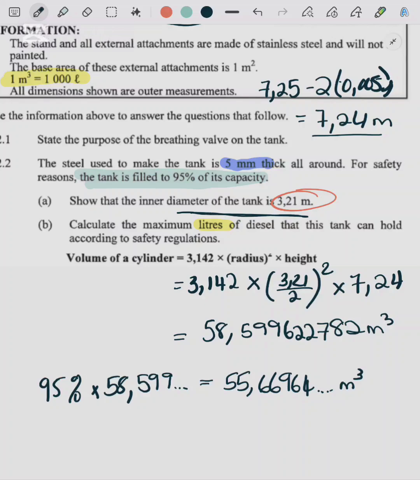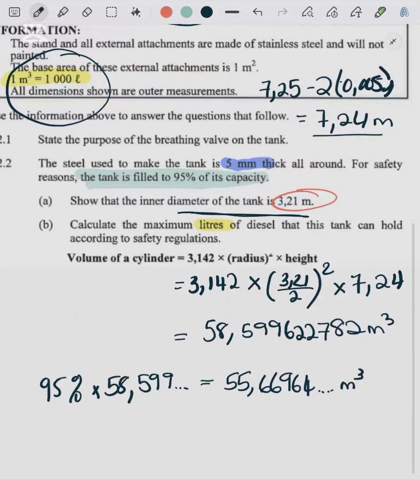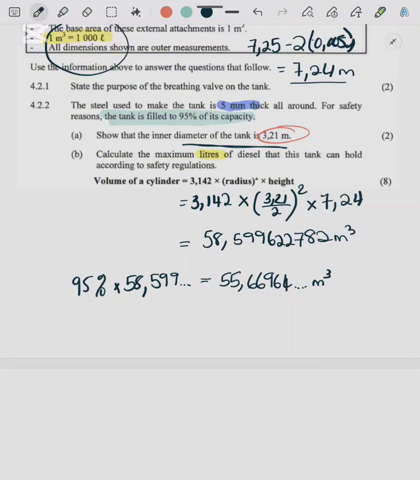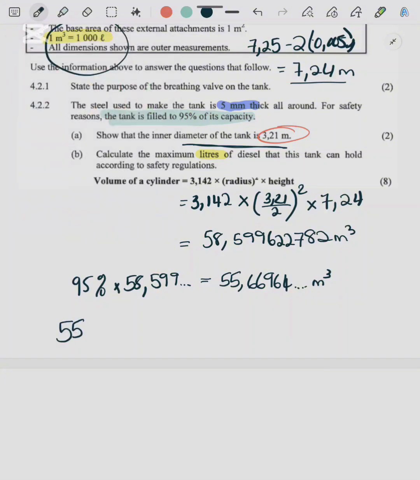But they want it in liters, so here's where our conversion comes in. This is using that 1 meter cubed is 1,000 liters. So that means I can just multiply it by 1,000. So I'm going to go 55,66964, and the whole long number, remember, I'm not cancelling it off my calculator. I'm just doing the dots for the sake of space.